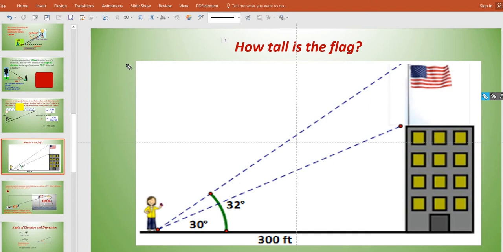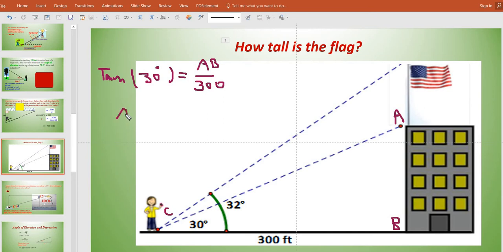From the beginning, in the triangle ABC, the measure of angle tan 30 equals AB, opposite, over adjacent 300.